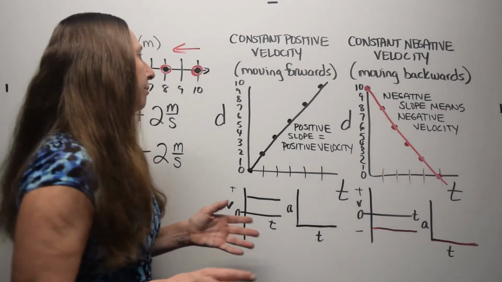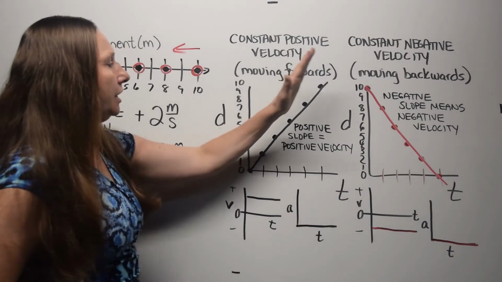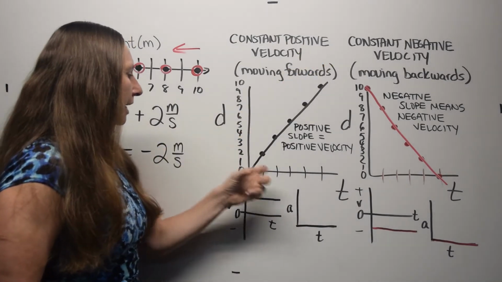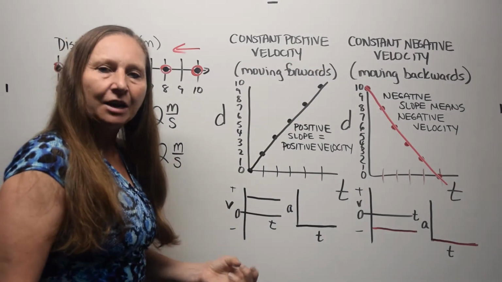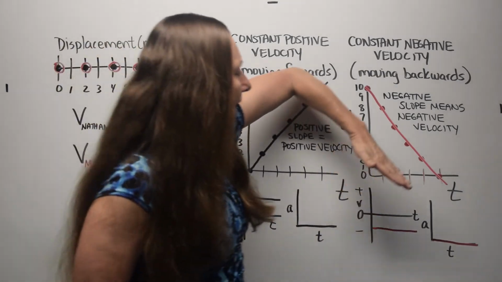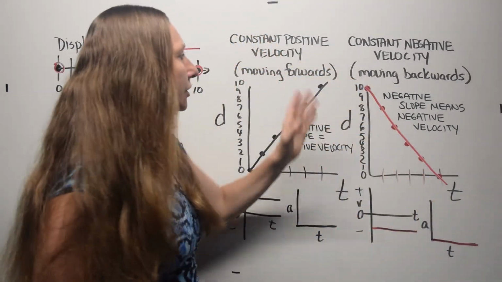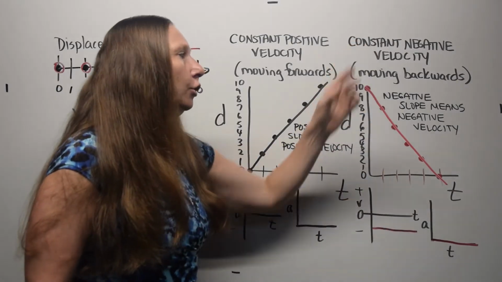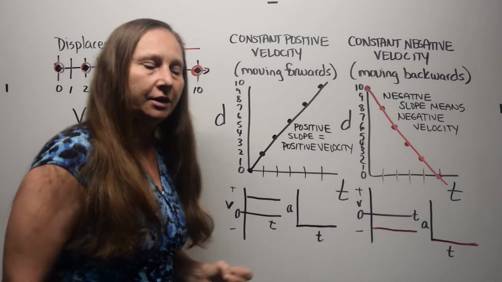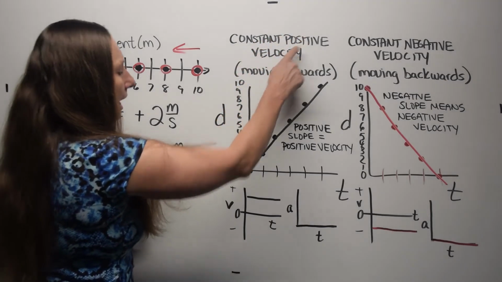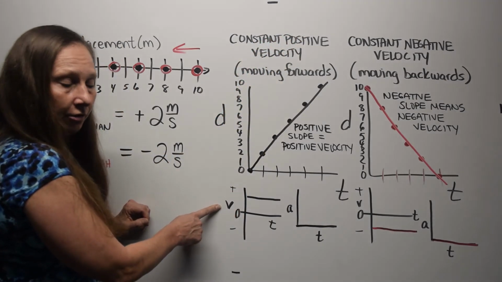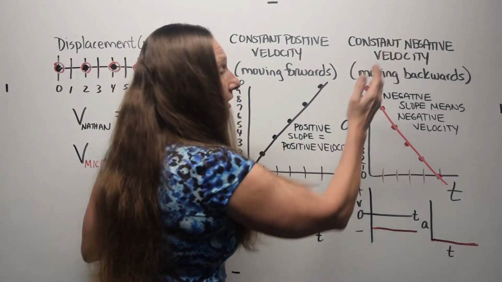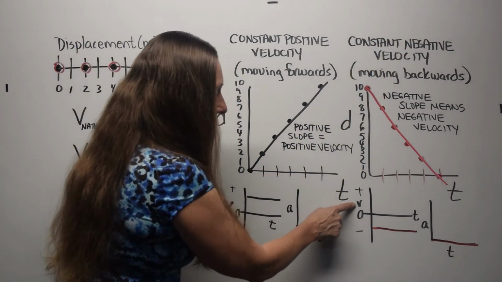So very, very simply, when you see a positive slope on a displacement time graph, you're looking at a constant positive velocity. When you see a negative slope on a displacement time graph, you're looking at a constant negative velocity. If the velocity is positive, it's got to be above the zero on a velocity graph. If you're looking at constant negative velocity on a velocity graph, see the little v?